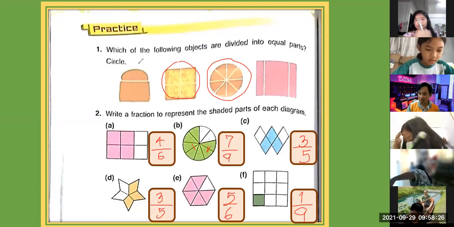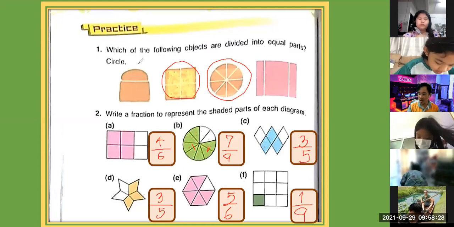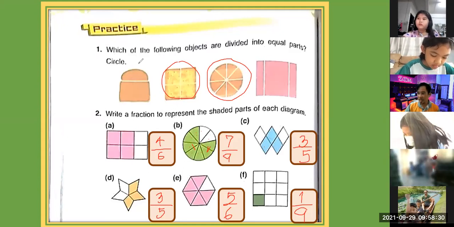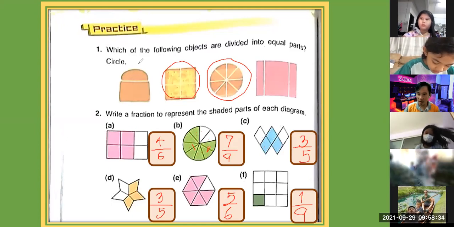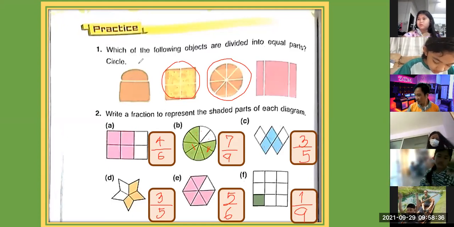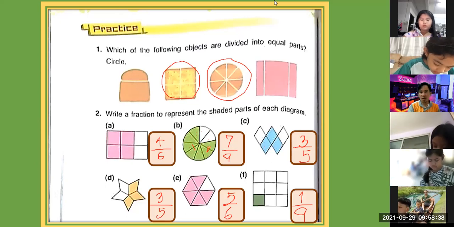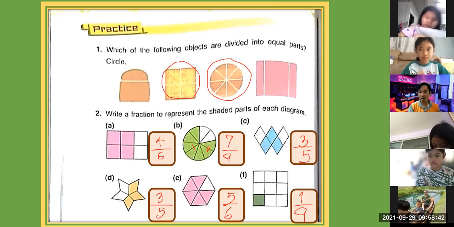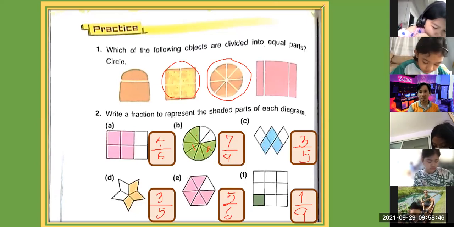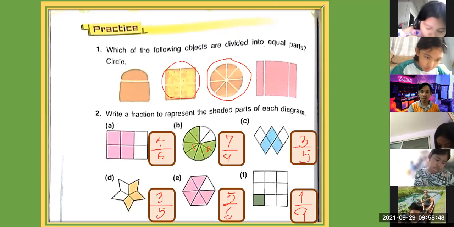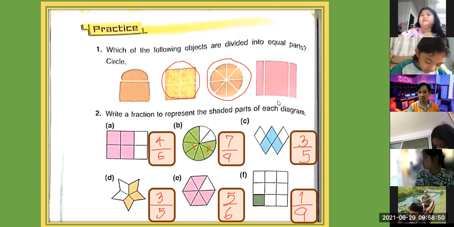How are the shaded parts of the diagrams written and read out as fractions? Go, answer that one. Now, I will give you 30 seconds to answer question number 3.